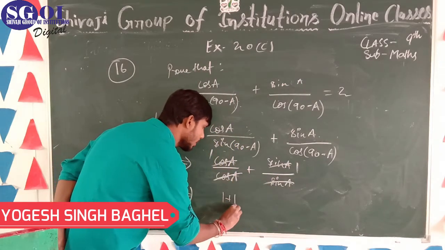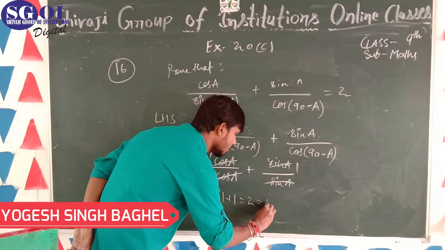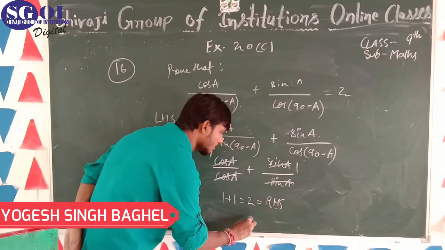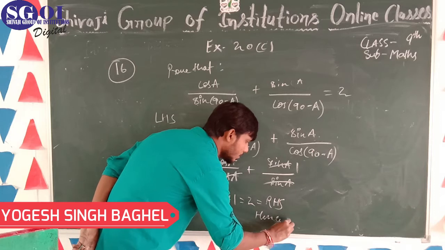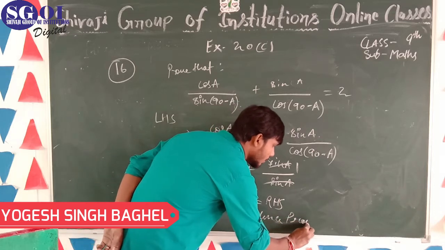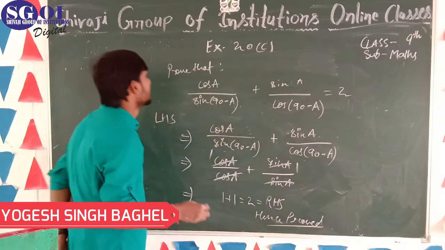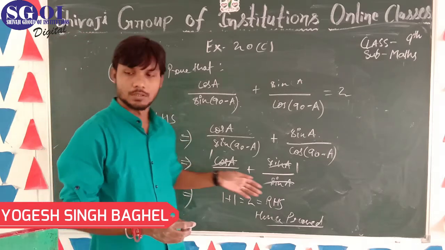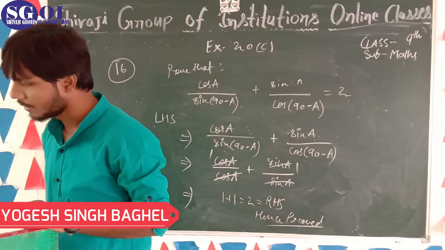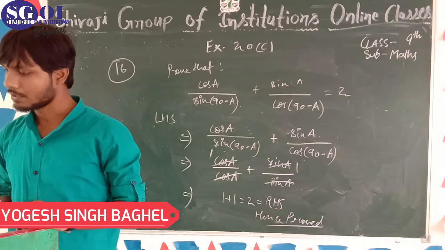So 1 plus 1 comes to 2, which is equal to the RHS. So it is true. Students, you have to do the rest of the questions of number 16 in your homework, and this exercise is over.